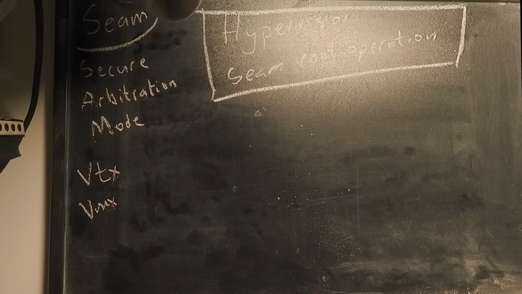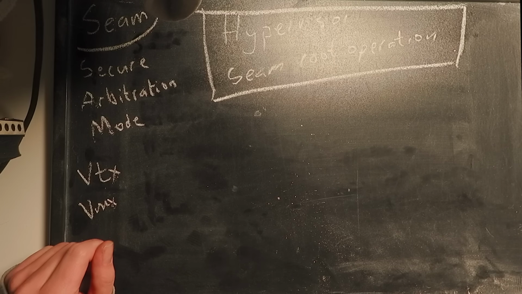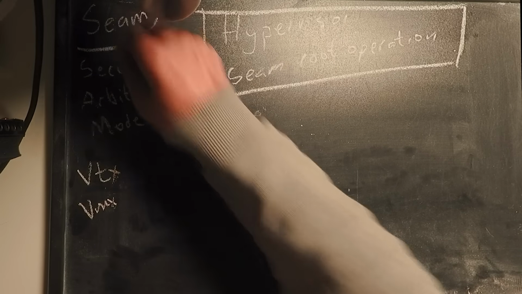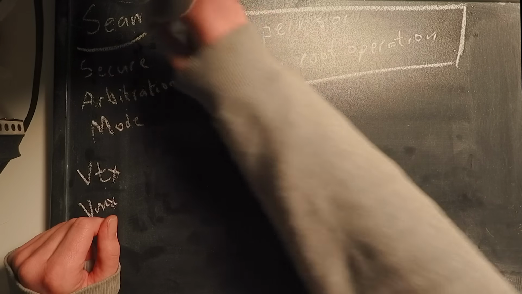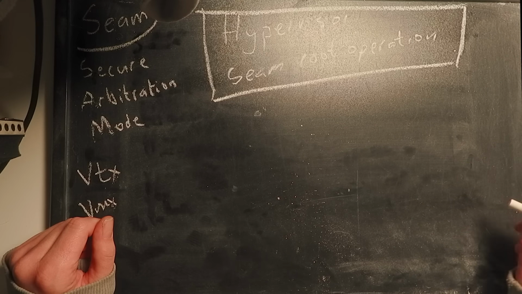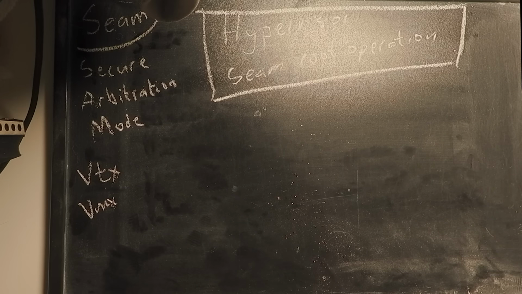And this is a hypervisor which is totally transparent to the underlying virtual machines that it runs. And you cannot even detect that SEAM is activated. And the only thing that can activate SEAM is your BIOS. So your BIOS boot sequence can activate SEAM.